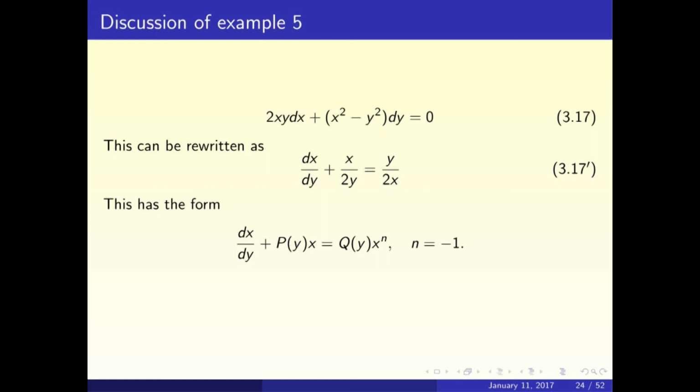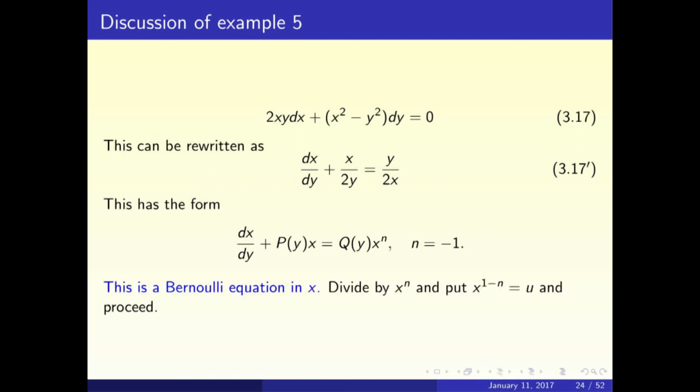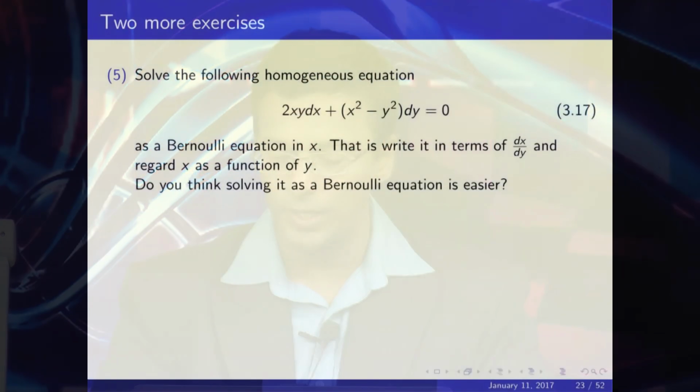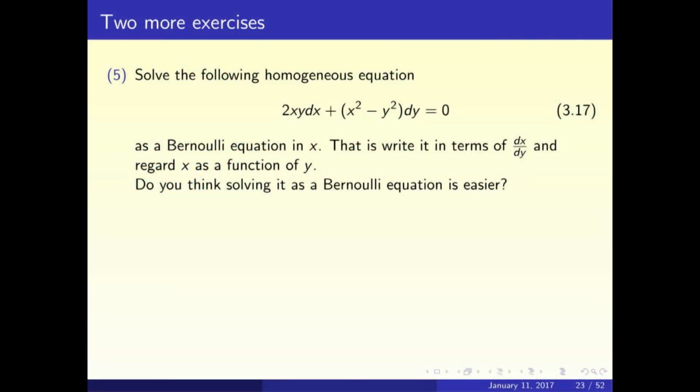It has the form dx by dy plus p(y) x equals q(y) x to the power n, where n is minus 1 in this case. So how do you solve this equation? Divide by x to the power n and put x to the power 1 minus n equals u and then proceed. Do you think solving it as a Bernoulli equation is easier than solving it as a homogeneous equation? You solve 3.17 by both methods, and you investigate.